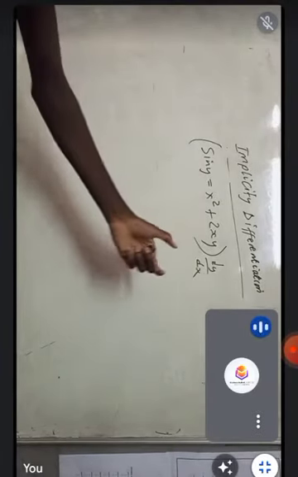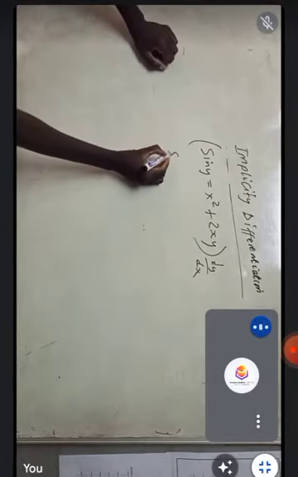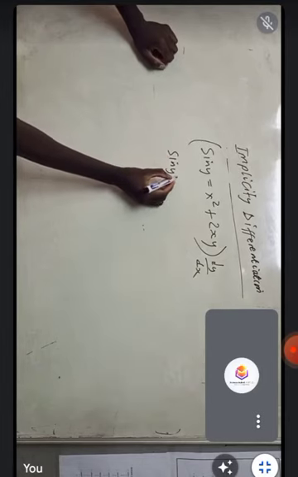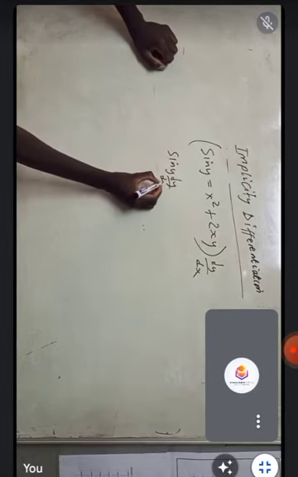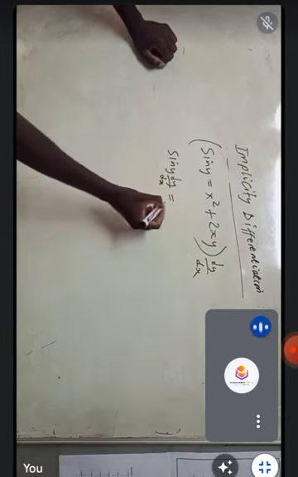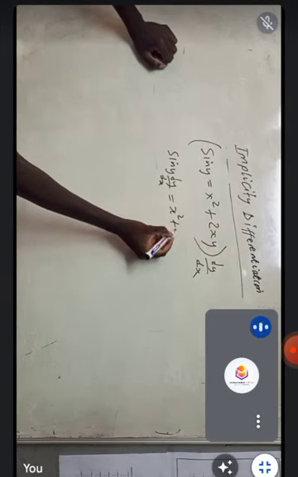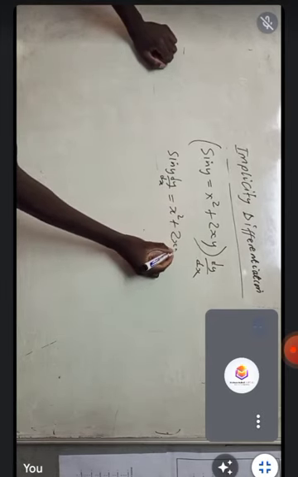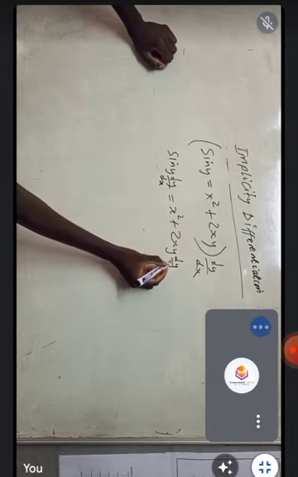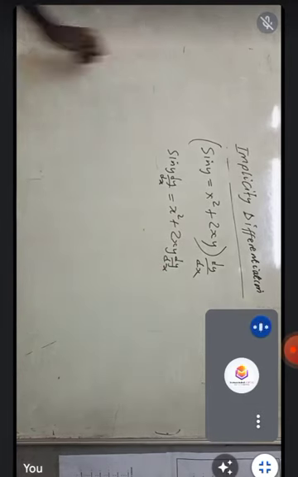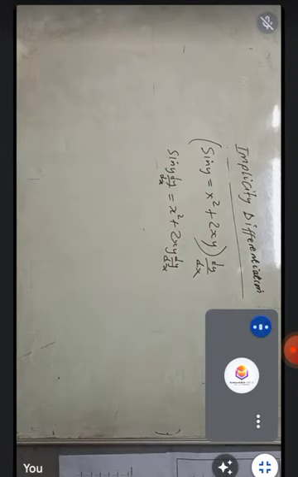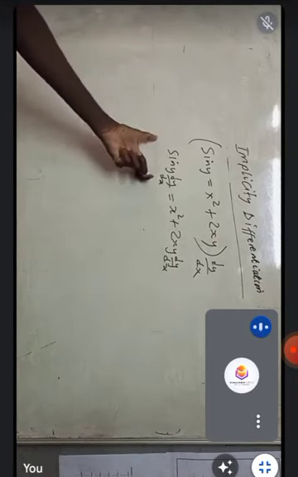So when you multiply this by this, you are going to get sine y dy/dx equal to x squared plus this and this, 2xy dy/dx. This is what we have here. Now we are going to differentiate each term.